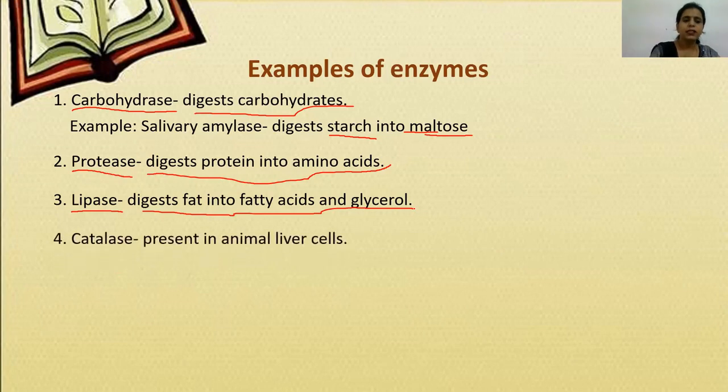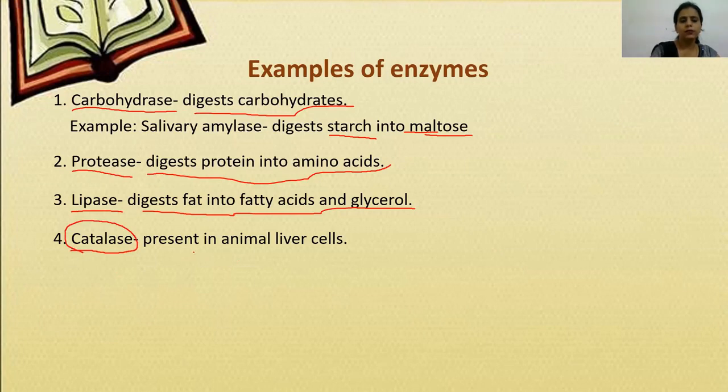The next enzyme is catalase. Now this catalase enzyme is very important, also from the exam point of view. Questions are asked on this catalase enzyme many times. This catalase enzyme is present in all living cells.